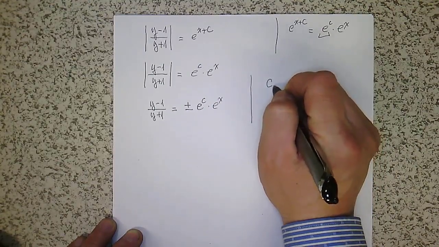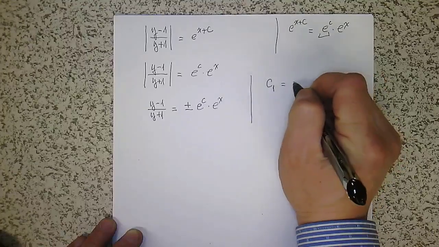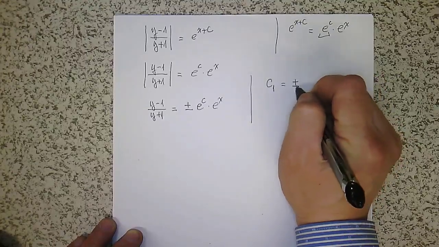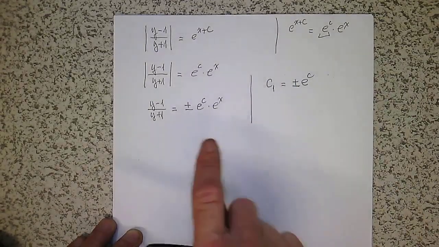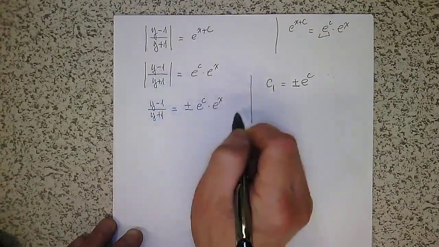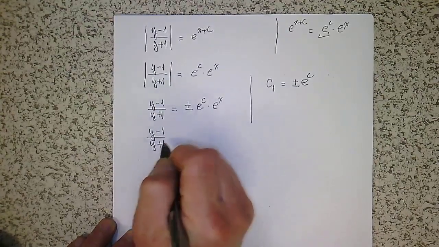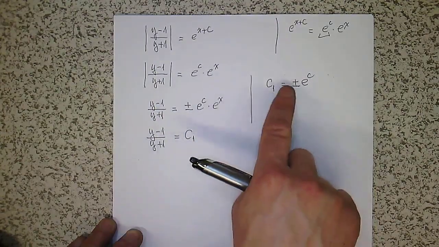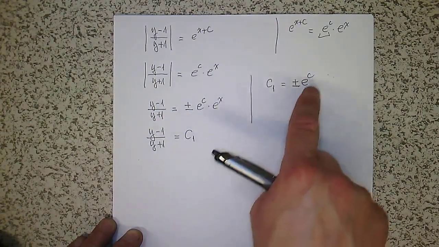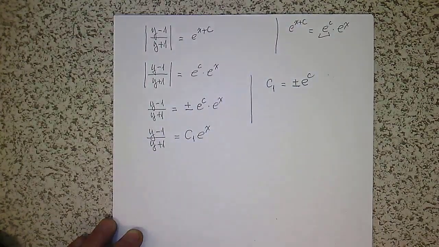I'm going to call that a C1 coefficient, a big constant, either plus or minus e to the c. And so now I can write the entire equation as y minus 1 over y plus 1 equals some coefficient C1, which could be positive or negative e to the c, times e to the x.